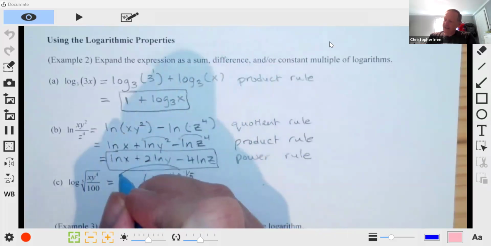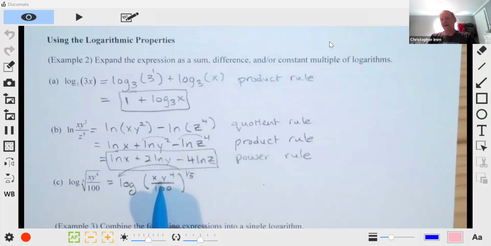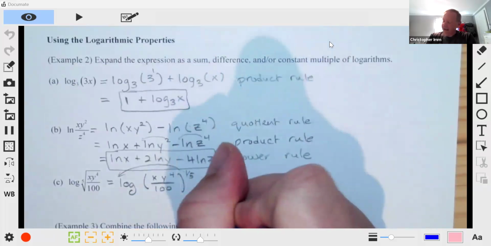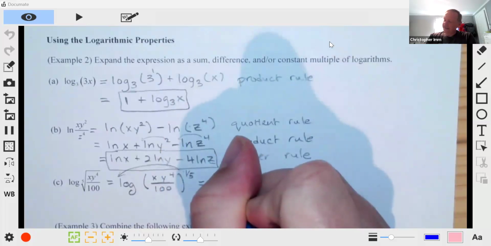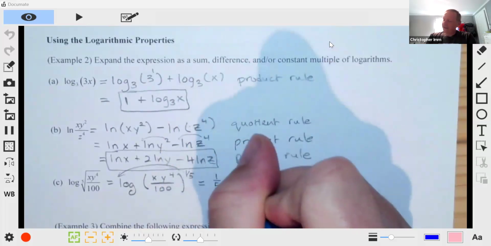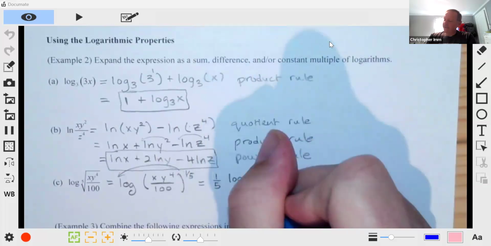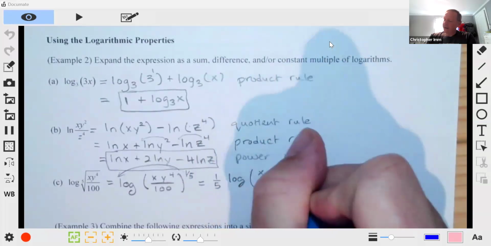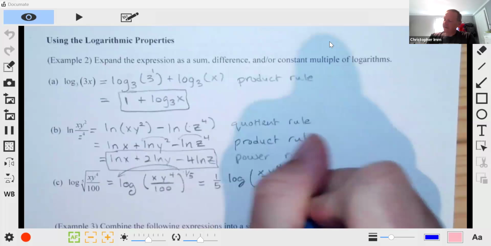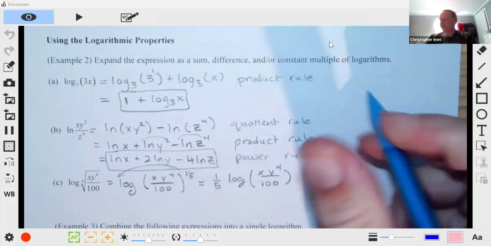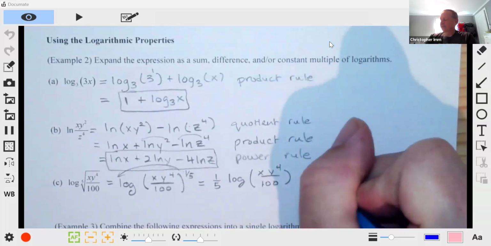And the reason I would do that is so I can do these divisions and multiplications inside. So I'm going to rewrite this as 1/5 log of x y to the 4th all over 100. And that's going to be by the power rule.